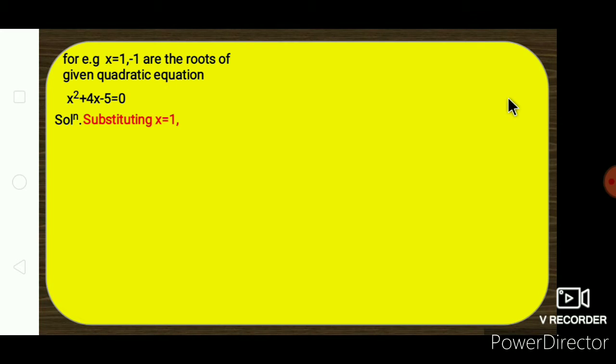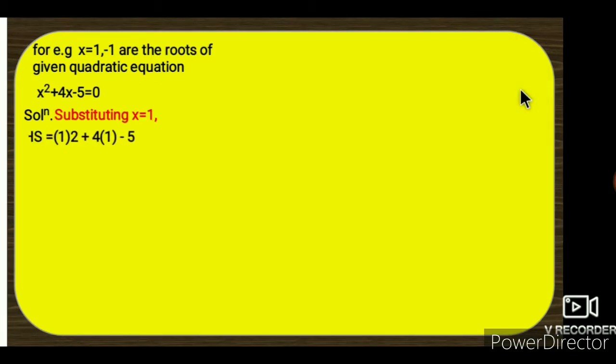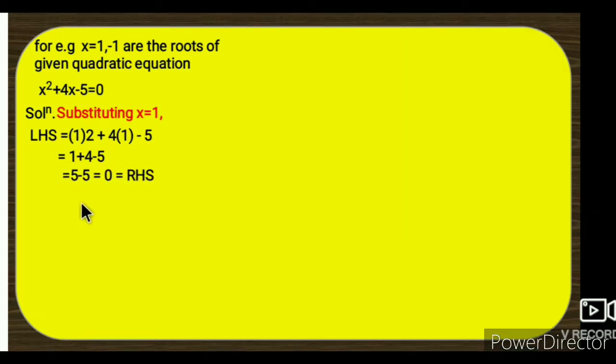Substituting x is equal to 1, we get LHS is equal to 1 square plus 4 into 1 minus 5, which is 1 plus 4, 5 minus 5, is equal to 0, which is equal to RHS. Means LHS is equal to RHS. Therefore, x is equal to 1 is a root of the given quadratic equation.